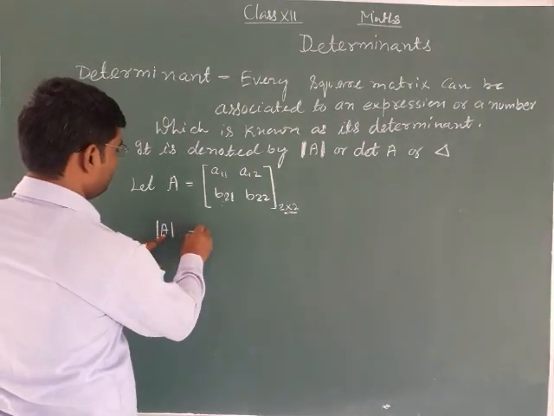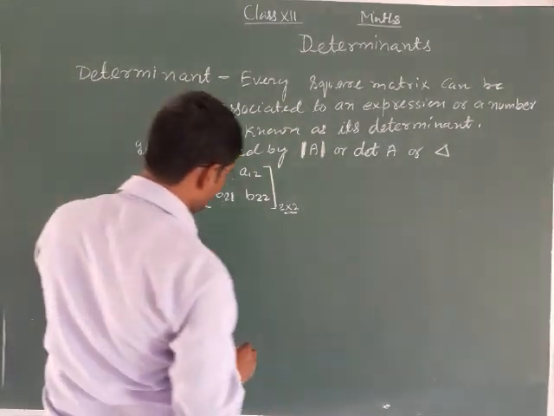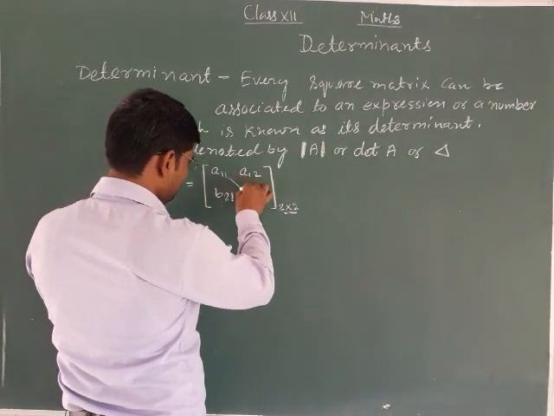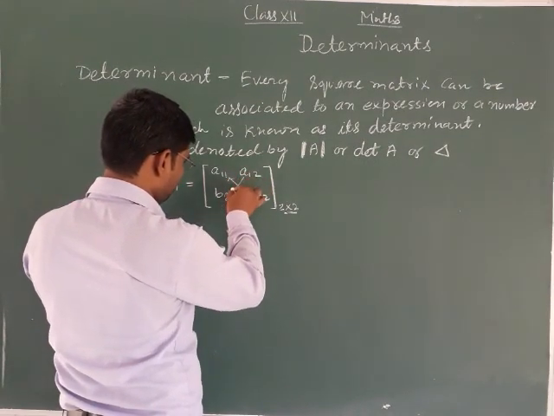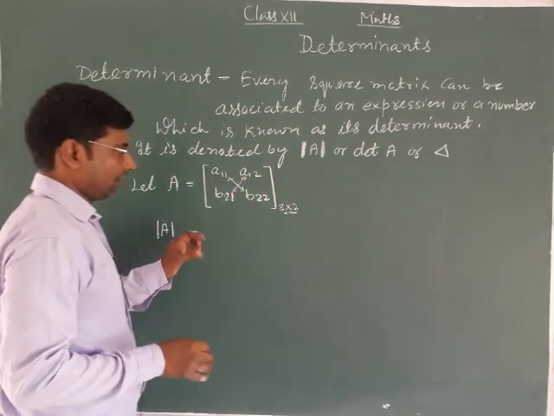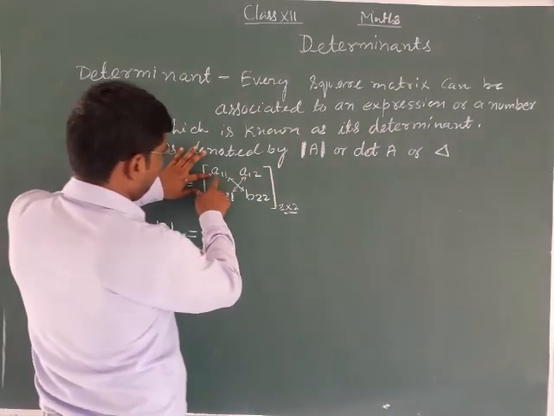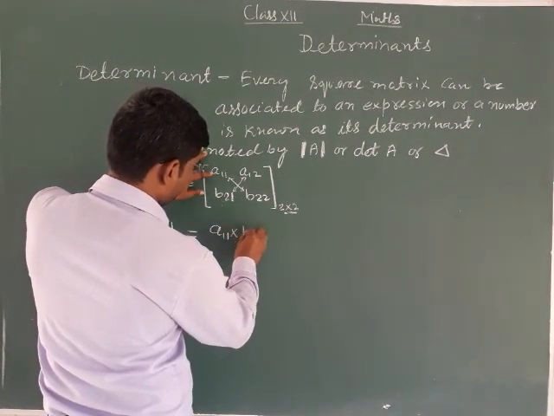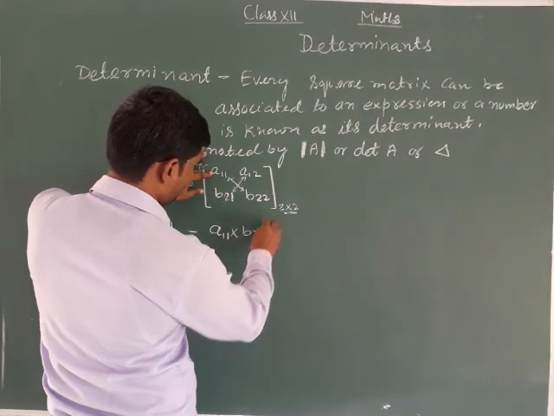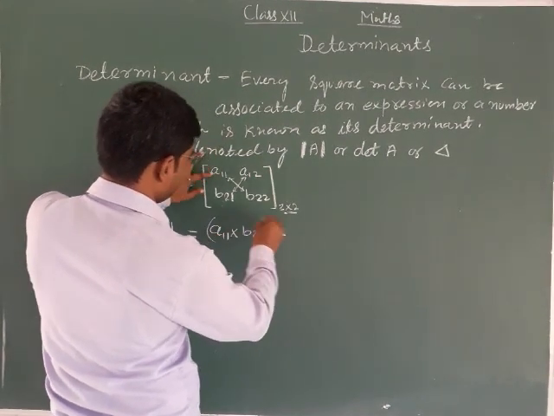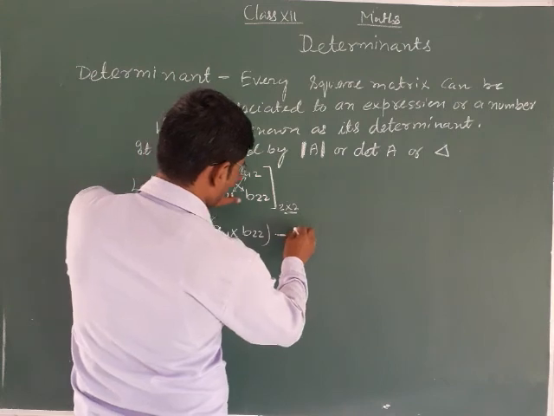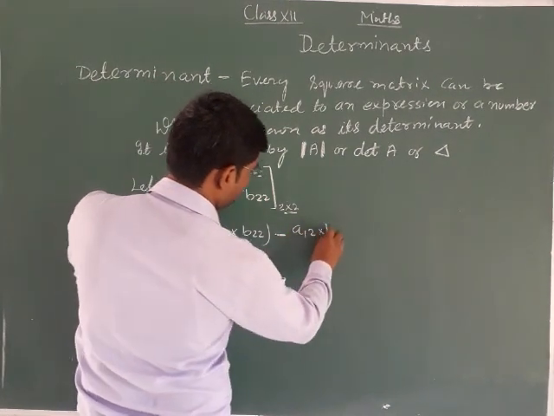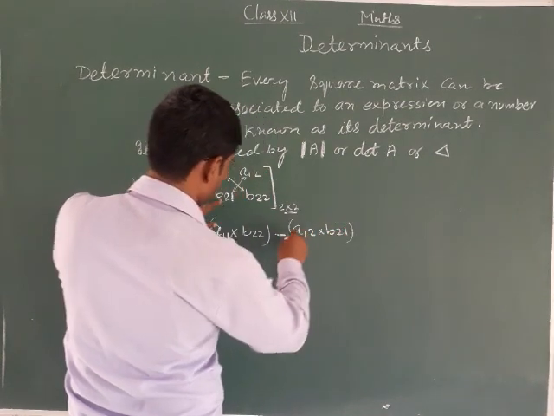The determinant of A is calculated by multiplying the diagonal elements and subtracting. So a11 into a22 minus a12 into a21.